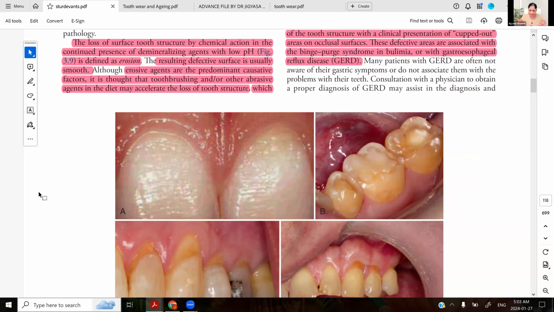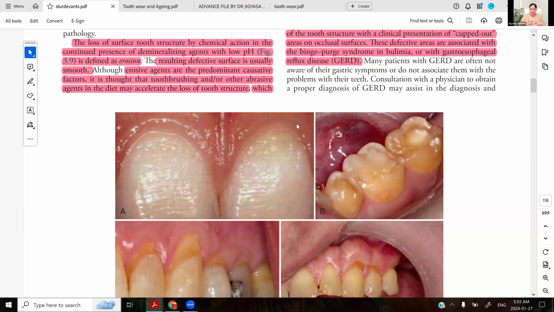Clinically, I've always taught my students that it's easier, though it's confusing, when you look at the lesions, to broadly classify them as either cervical lesions or occlusal and incisal lesions. Basically, the loss of surface tooth structure by chemical action, in the continued presence of demineralizing agents with low pH, is defined as erosion.